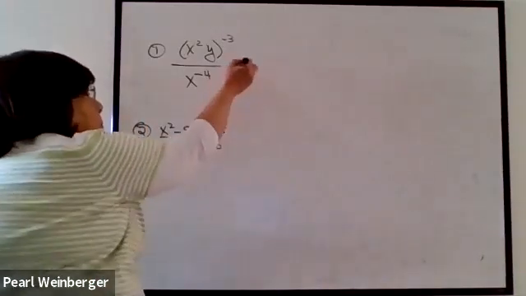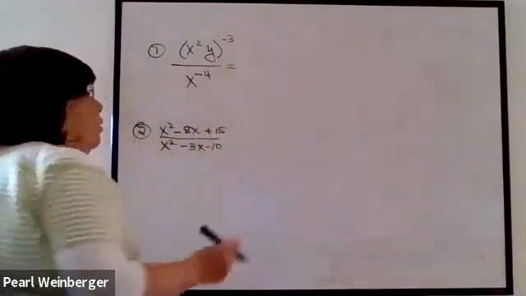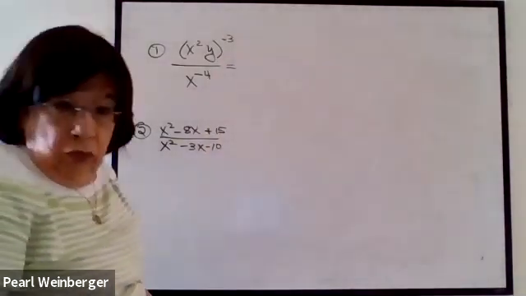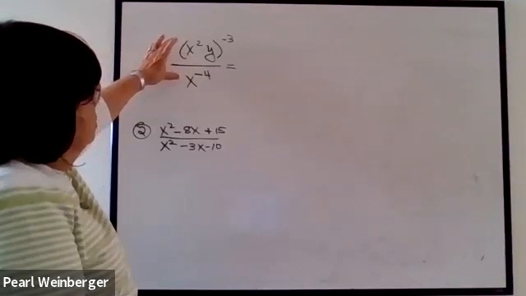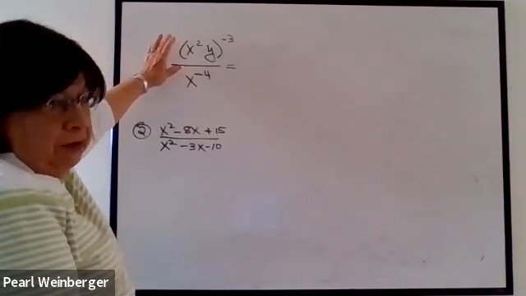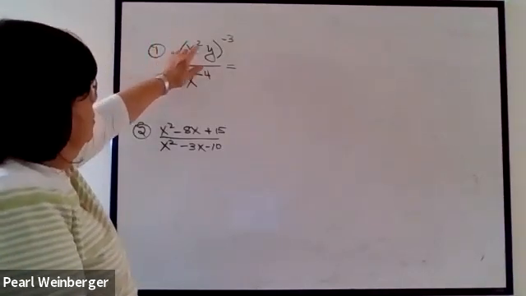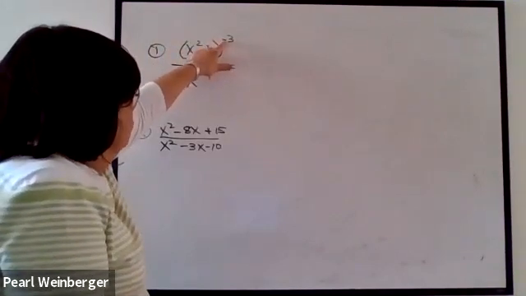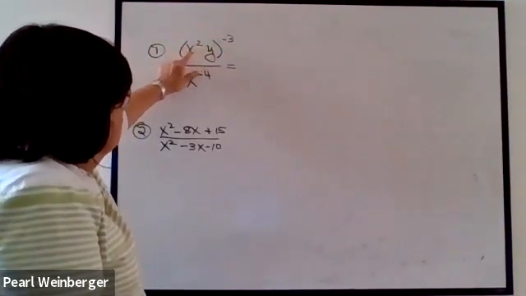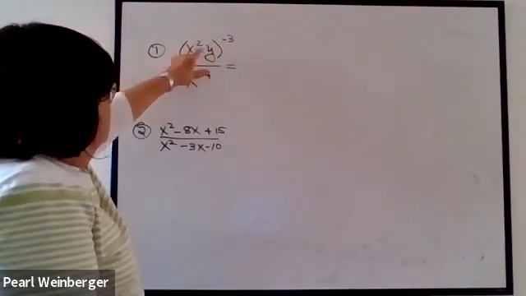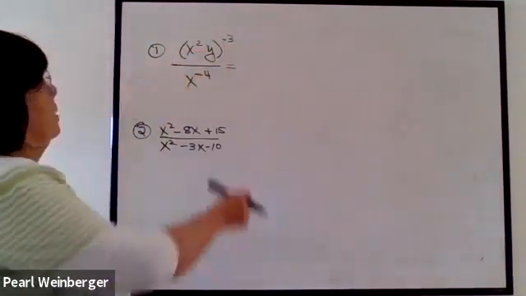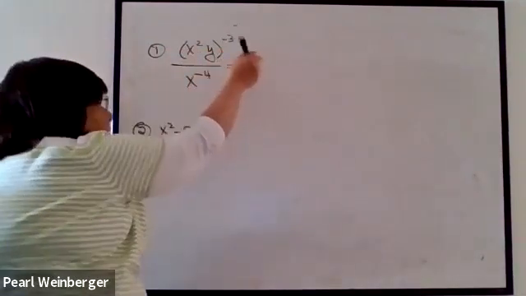Looking at the top one, if you recall what I said you should do, you first have to try and get rid of the parentheses if you can. Since this -3 exponent is on the outside, it must apply to both of these variables. So I'm going to first do x squared to the -3.